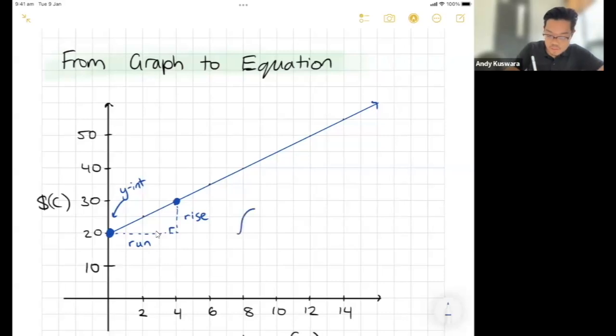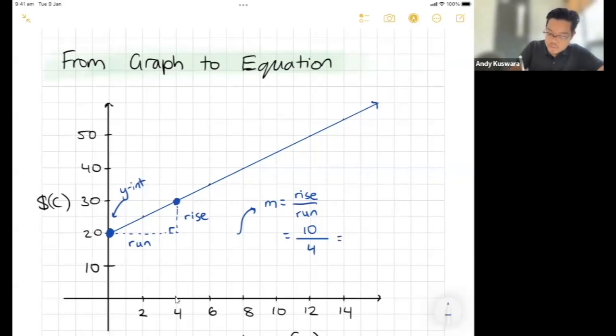For this particular one, if I talk about my rise over run, my rise is, I go from 20 to 30, so that's a rise of 10. And then my run goes from, because I'm looking horizontally, 0 to 4. So 0 to 4 would be a total run of 4.